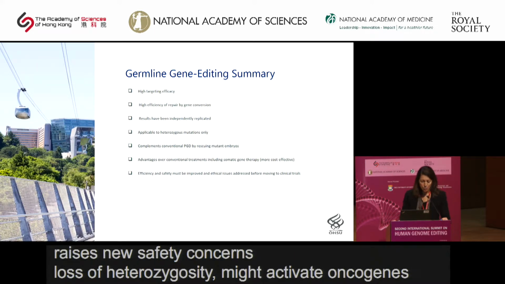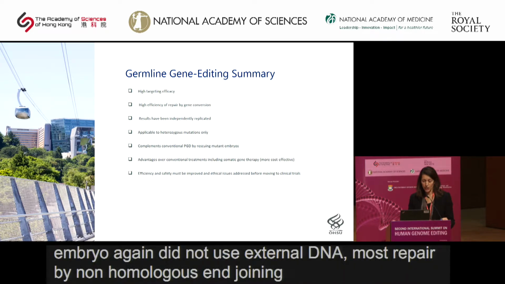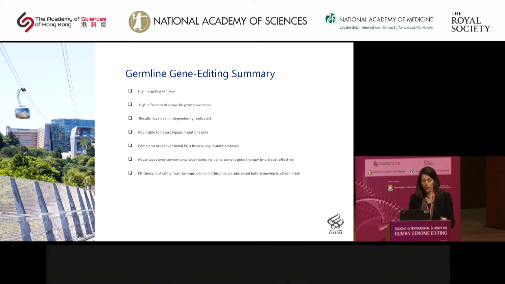So to summarize this part, we believe, at least for heterozygous mutations, that germline gene editing is highly efficacious and efficient. The results have now been replicated by other laboratories, and we think that this will serve as a complement to PGD, and I'll say more about that in a second. We think it does present some advantages over treatment, as was alluded to in the previous session.